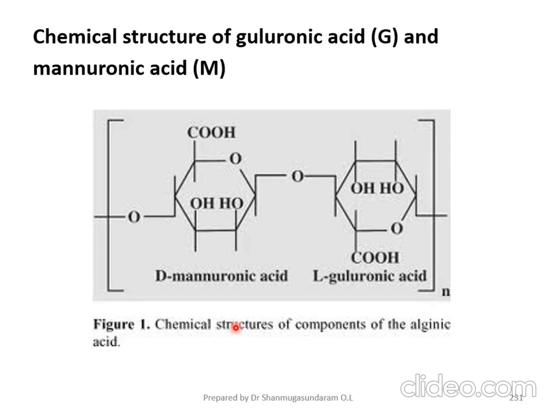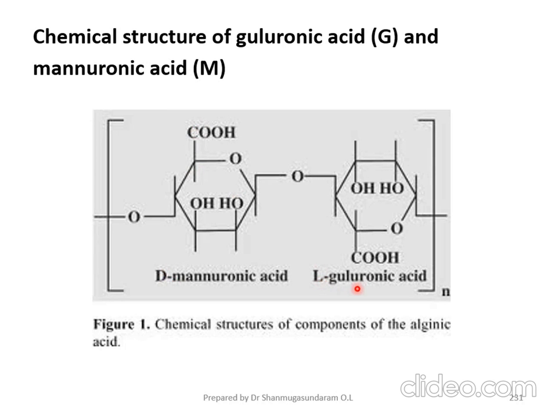So please look at the figure. This is the chemical structure of guluronic acid and mannuronic acid. See, this is the mannuronic acid chemical structure. This is the guluronic acid chemical structure. So see, only the position of the COOH group has been changed. Here it is at the D position, here at the L position.